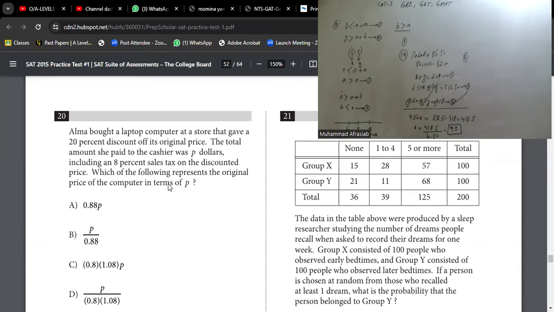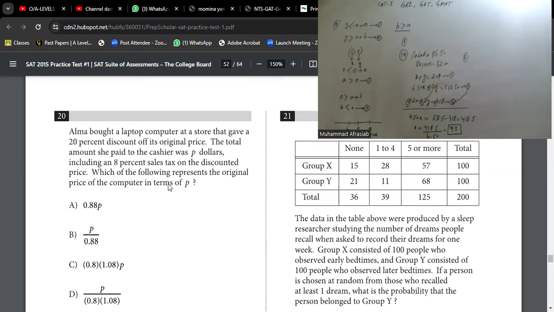Elma bought a laptop computer at a store that gave her a 20% discount off its original price. The total amount she paid to the cashier is P dollars, including an 8% sales tax on that discounted price.